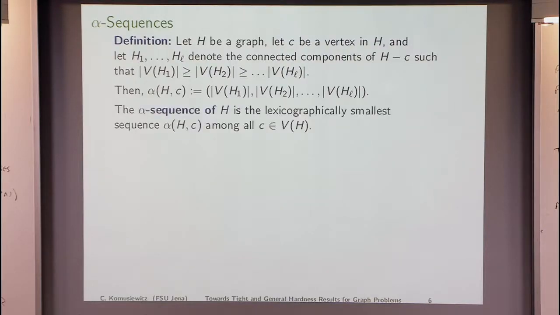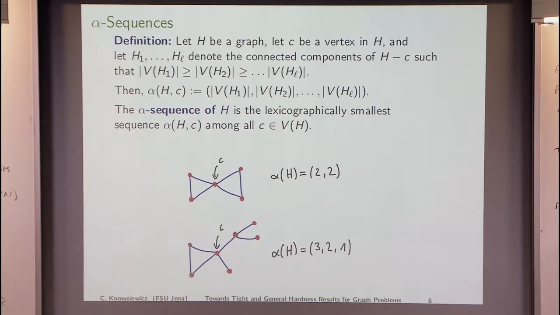Okay, and the alpha sequence of the graph is just the smallest sequence in lexicographic order that you get when you try all possibilities for choosing this vertex C. So in this example, if we choose C like this, then we get a 2, 2. And in this graph, this would also be the correct choice, it would be 3, 2, 1.